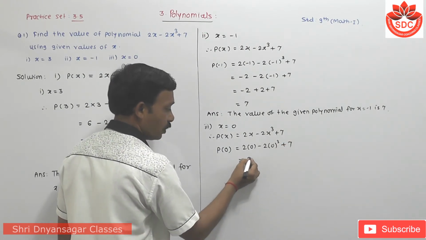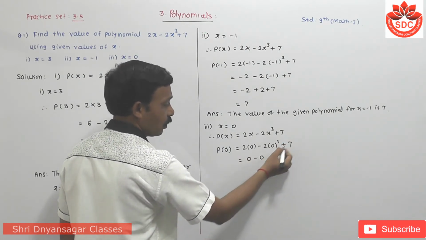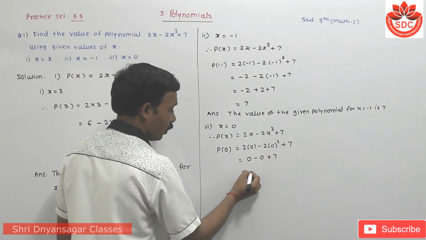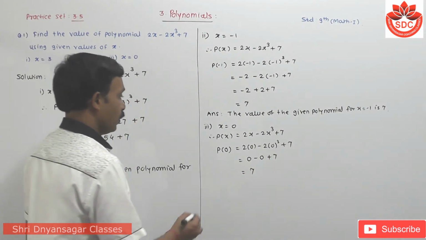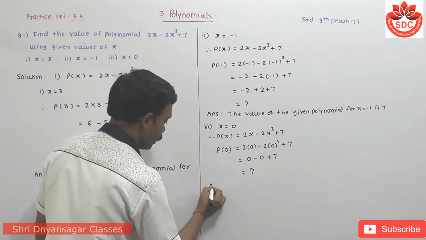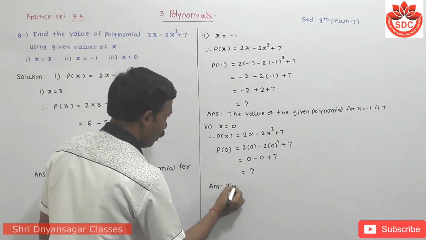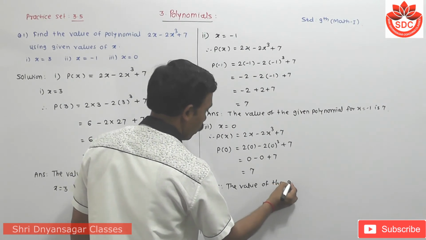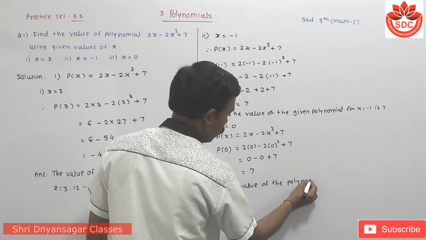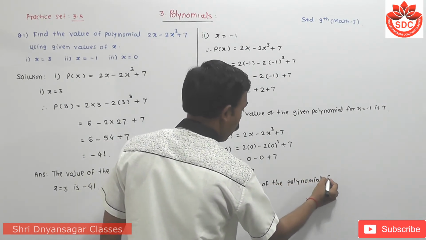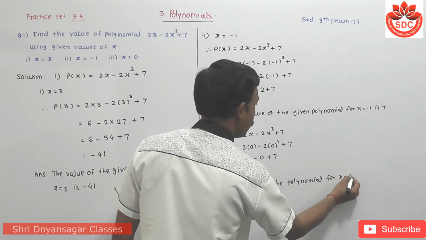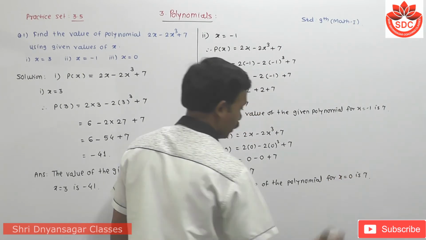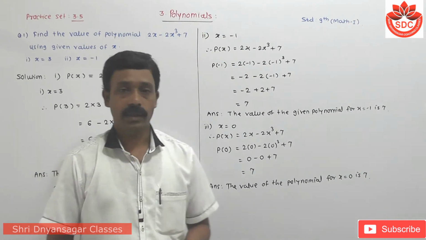Now students, 2 into 0 is 0, this value is also 0, and plus 7, therefore this is 7. The answer in full sentence: the value of the polynomial for x equals 0 is 7. Okay, we take the next question.